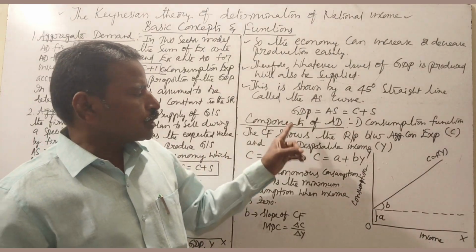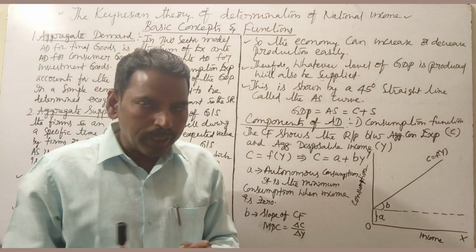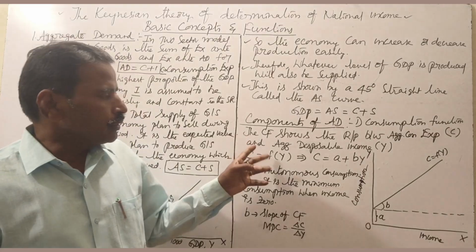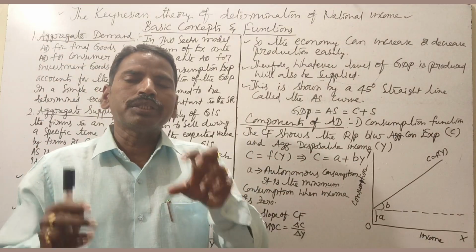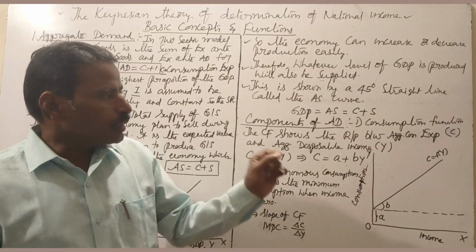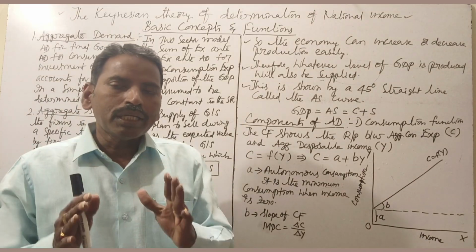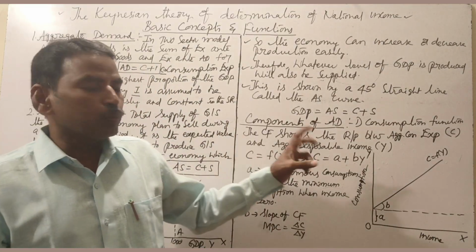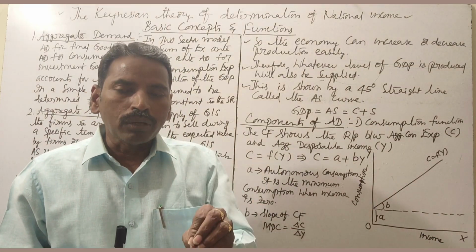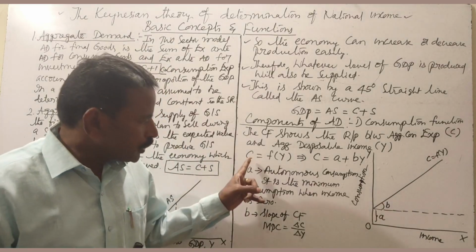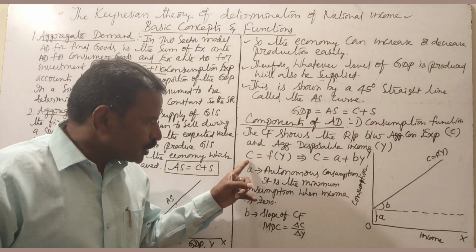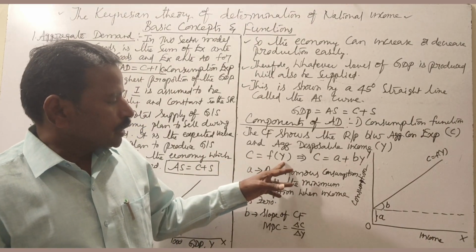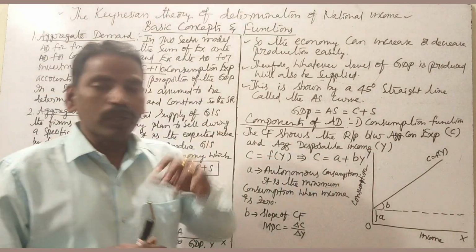The consumption function shows the relationship between aggregate consumption expenditure, treated as C, and aggregate disposable income, treated as Y. That means C is equal to f of Y, where C means consumption, f means a functional relationship, and Y means aggregate disposable income.